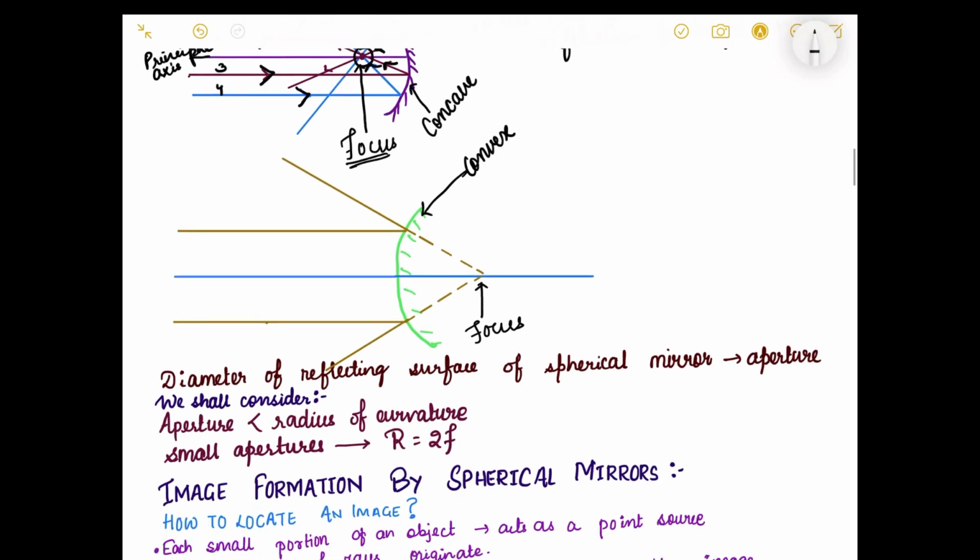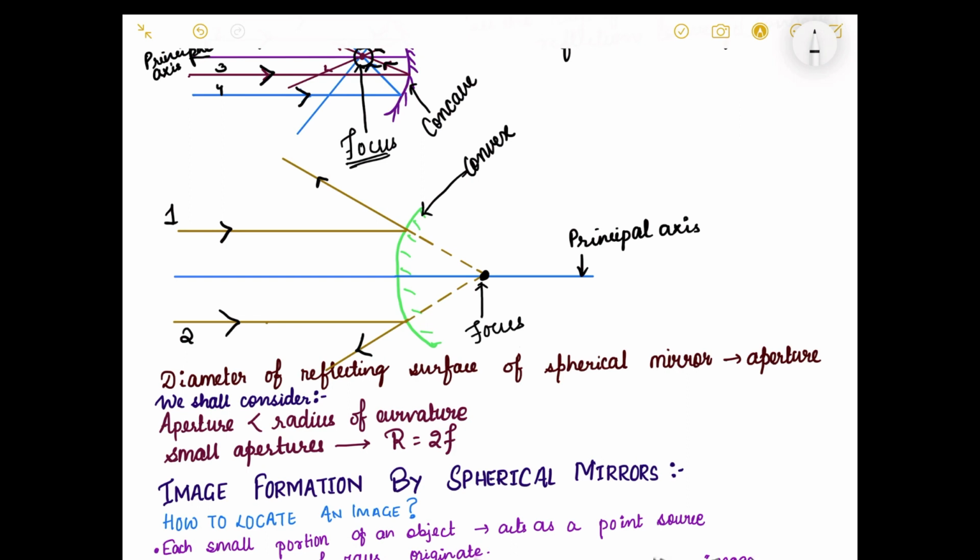Now, let us discuss the convex mirror. Now suppose we incident ray 1 on it, then it will get reflected in this way, ray 2 will get reflected in this way, and if we produce them backward they will meet at a certain point, and this point is referred to as the focus of the convex mirror.